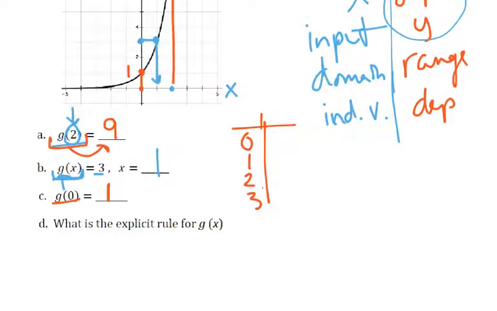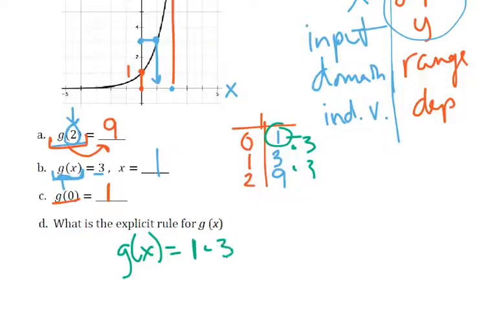Okay, so at 0 we're at 1, at 1 we're at 3, at 2 we're at 9. We don't have that 3. There we go. Now our explicit rule, well, we're starting at 0, right? So we'd go g of x equals 1. What are we doing to 1? Well, we're timesing by 3 each time, so we times by 3 to the x power.